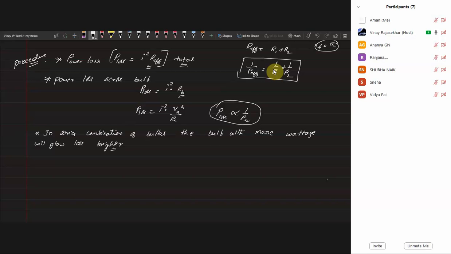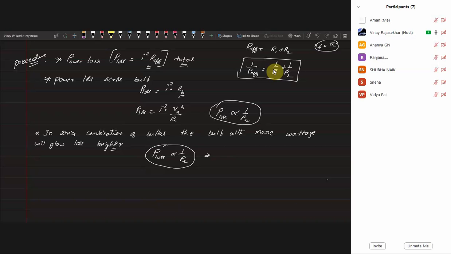The reason is power loss is inversely proportional to the rated power. Power loss is inversely proportional to what? Rated power. And brightness depends on what? Power loss.